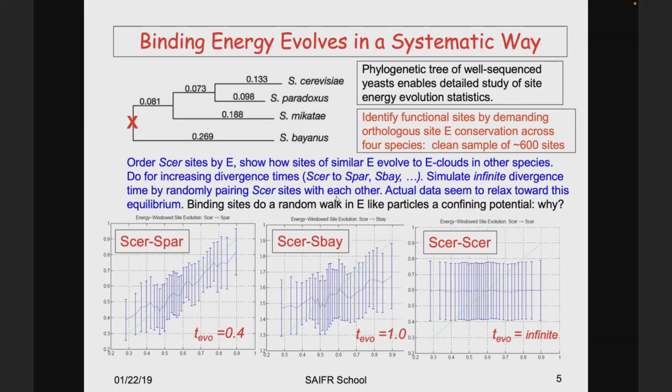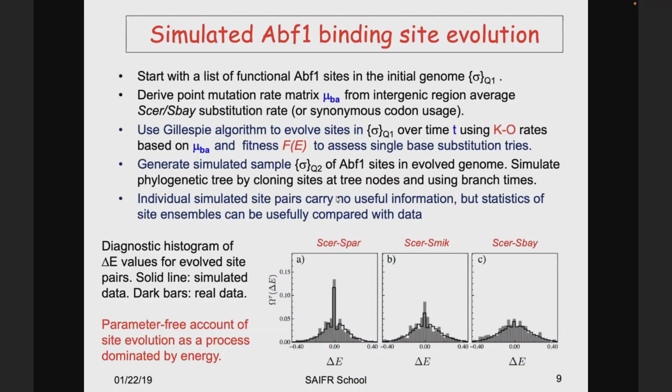The mutation rate mu is per time, and time is per generation. I have no way of knowing what the time unit is in seconds. It's just in generations, all right? But onward I go. So I can simulate all of that.